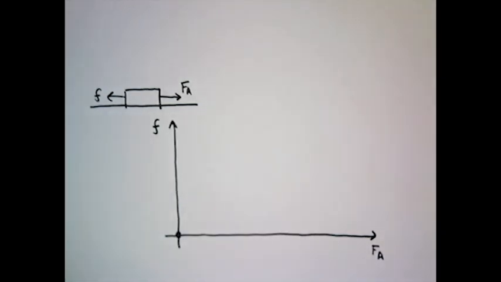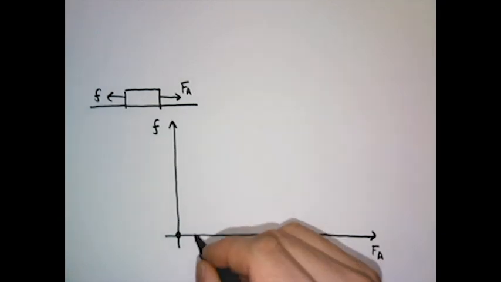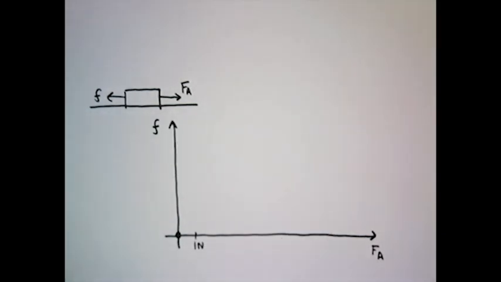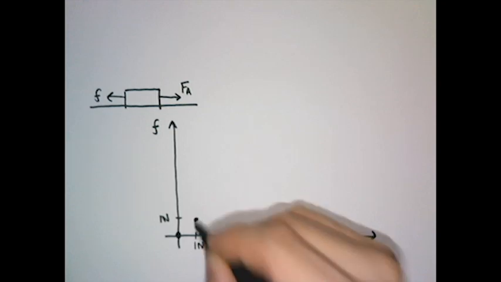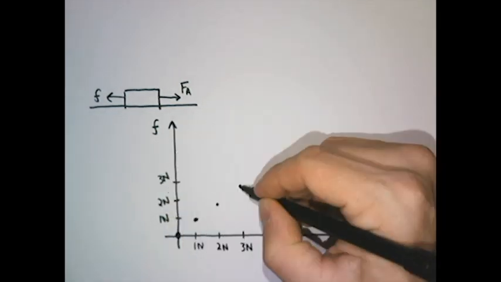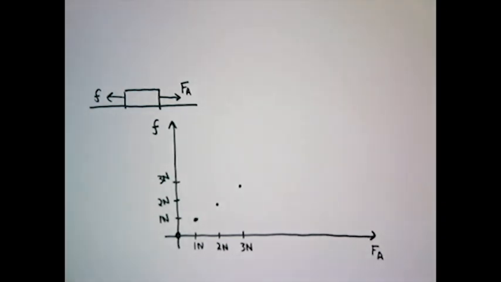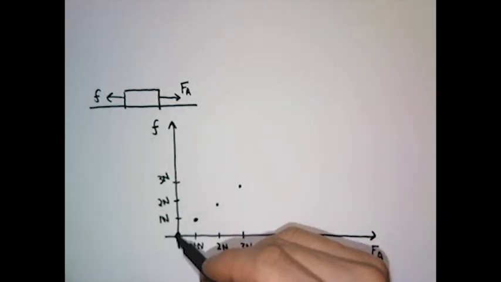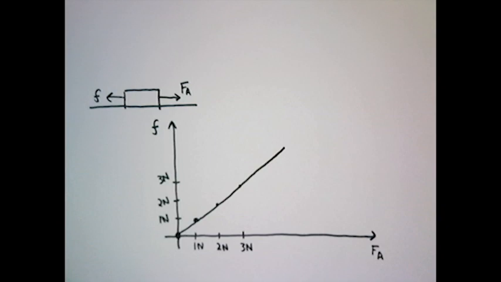Of course, when zero applied force is offered, the frictional force will also be zero. For 1 Newton of applied force, 1 Newton of friction force must exist to keep the object at rest. And it will continue in this nice linear relationship up until a certain point. At some point, friction won't be able to take it anymore, and we'll reach our maximum force of static friction.